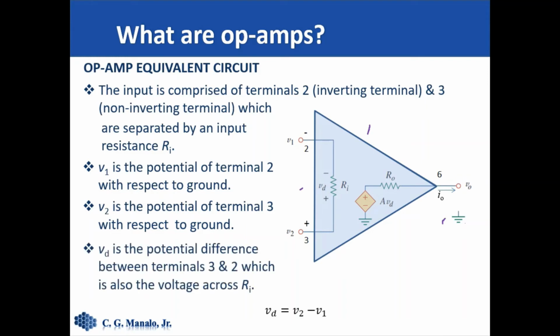The potential difference between these two input terminals is what we call the voltage V sub d, which is defined as the potential of the non-inverting terminal minus the potential of the inverting terminal.